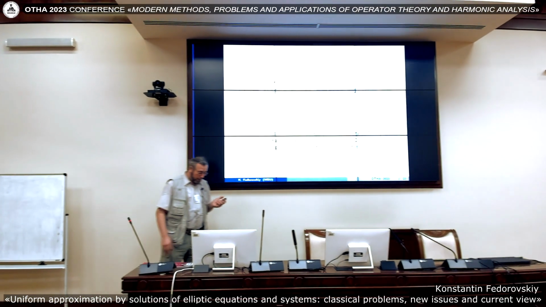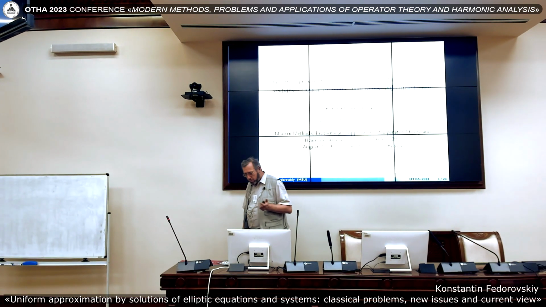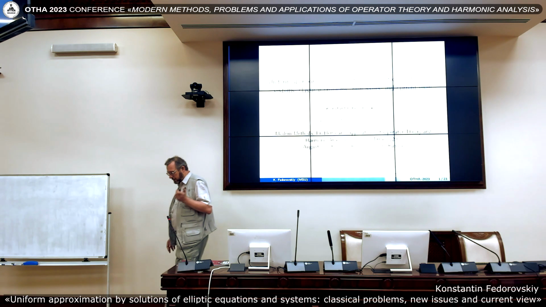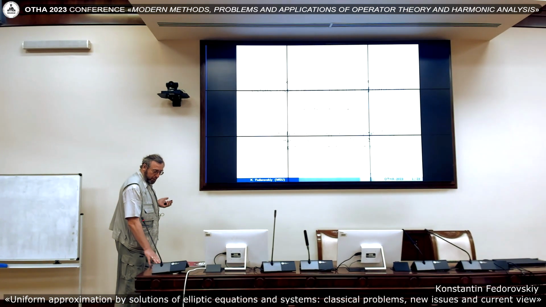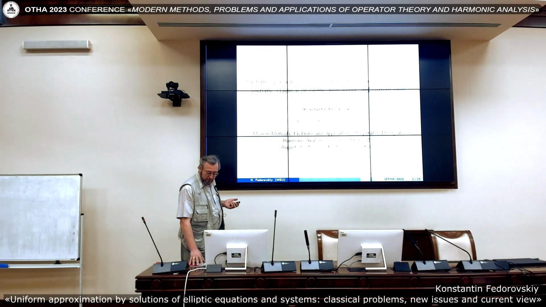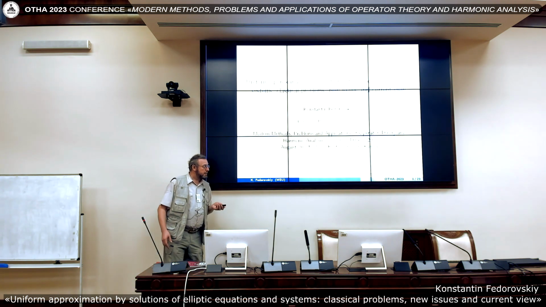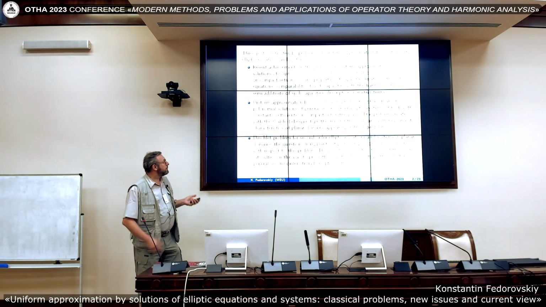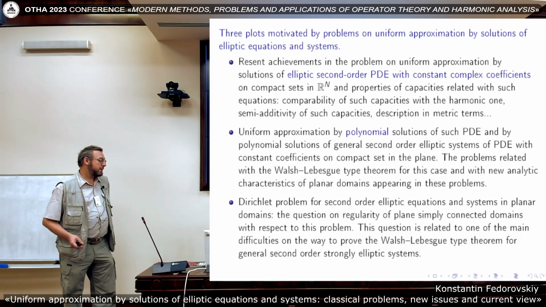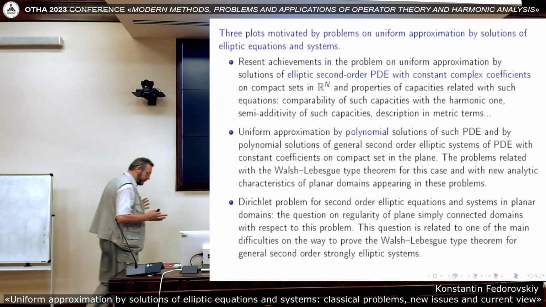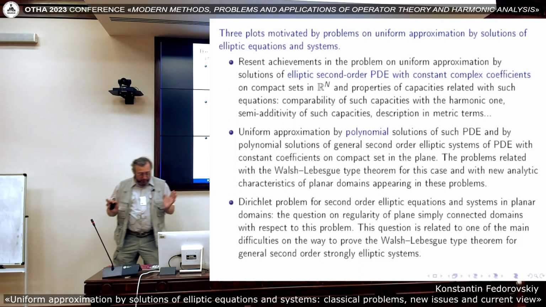Well, and I immediately need to say that when I use the term equation, I also think about systems, because in this subject we're working with elliptic equations with constant but complex coefficients, so it's some kind of system with additional symmetry. Well, and I will try to explain more or less the following three directions, the following three plots in this very wide area.